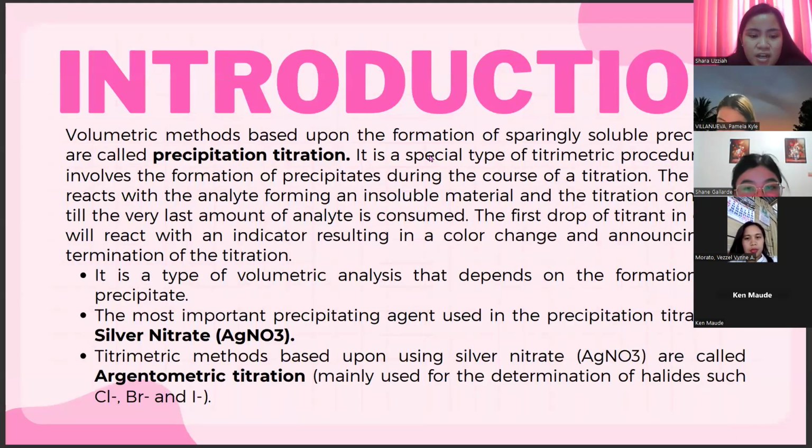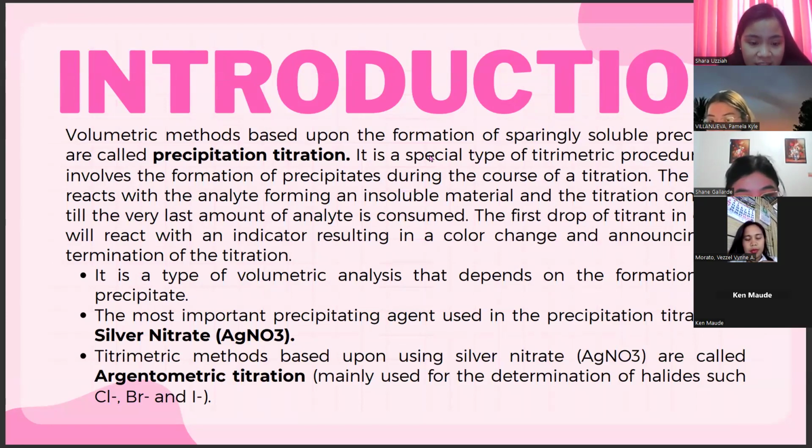For a short introduction of this laboratory experiment, first off, the preparation and standardization of silver nitrate utilizes a volumetric method, which is based upon the formation of a sparingly soluble precipitate, hence the name precipitation titration. It is a type of titrimetric procedure that involves the formation of precipitates during the course of titration.